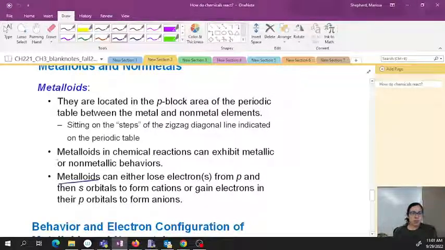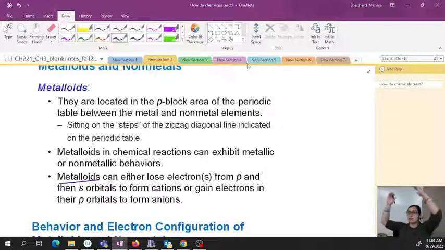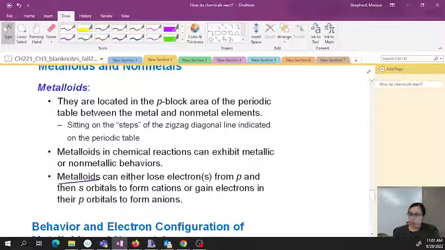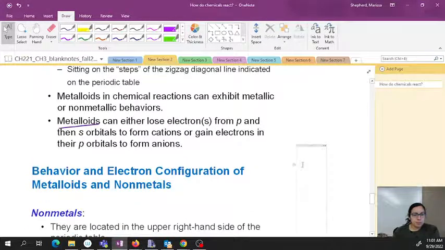These metalloids are also funky in that they can lose electrons from the p orbitals and s orbitals to form cations, or gain electrons in their p orbitals. Those metalloids are super cool, and that's why on your periodic table they also have funky oxidation states. Especially nitrogen, I think it's -3, +3, +5, and all that is due to this funky thing. So they can gain electrons, add electrons, lose them.